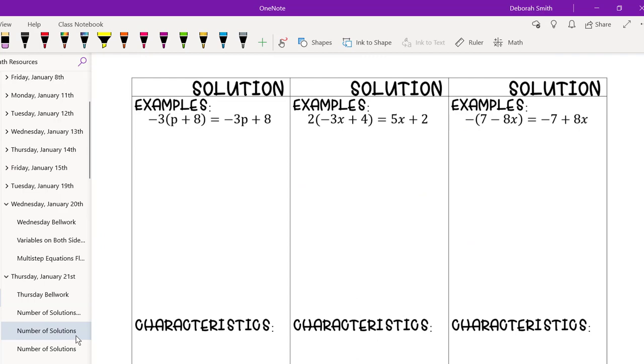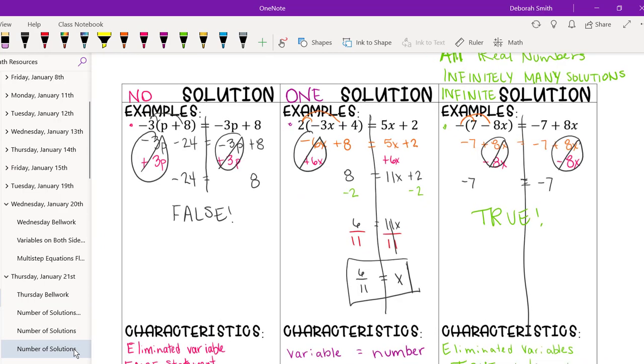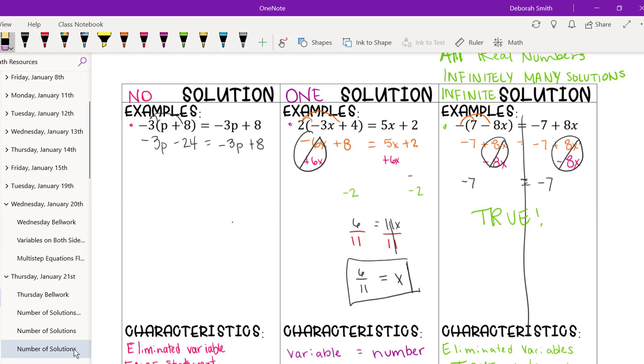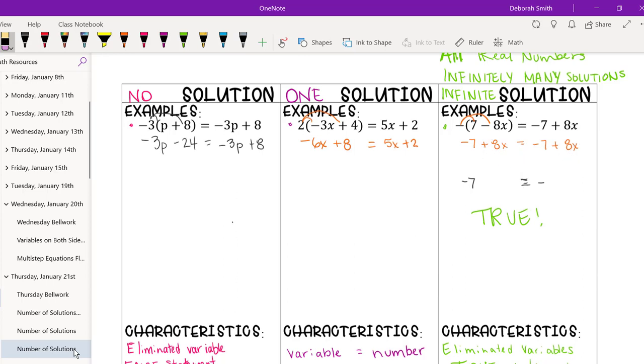So going back to this page, I'm going to erase some of my work here so that we can see what we're doing, because what we can do is actually stop right there, at the pink step, and compare them before we start moving things across the equal sign, and we can know how many solutions it's going to have, which is pretty cool.